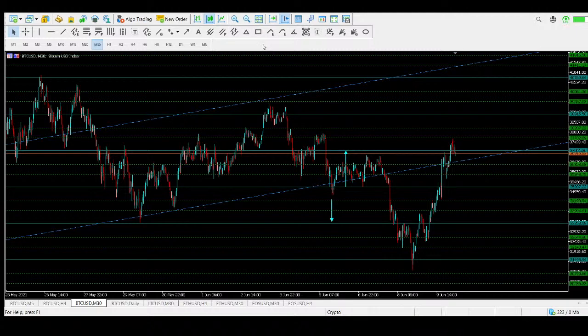As I said, we have an inverse head, left shoulder, which is already formed right here. Why is it not working?